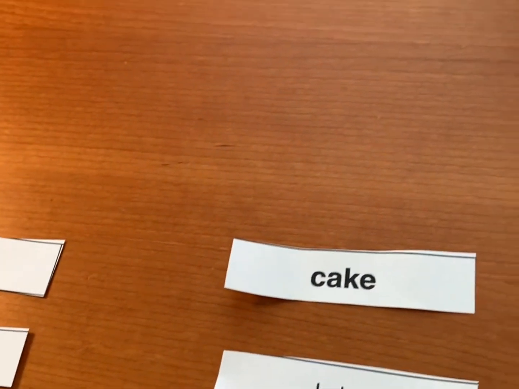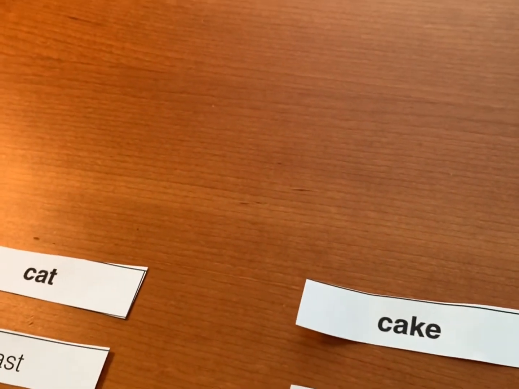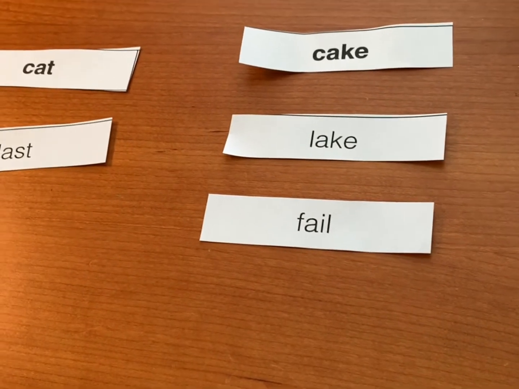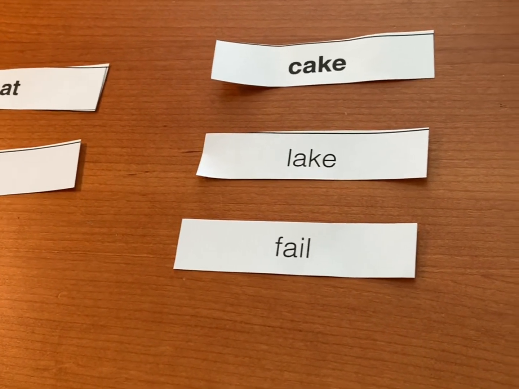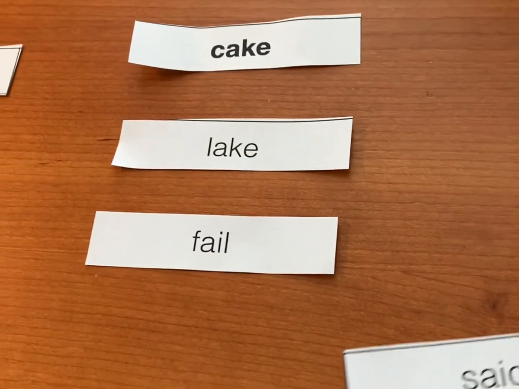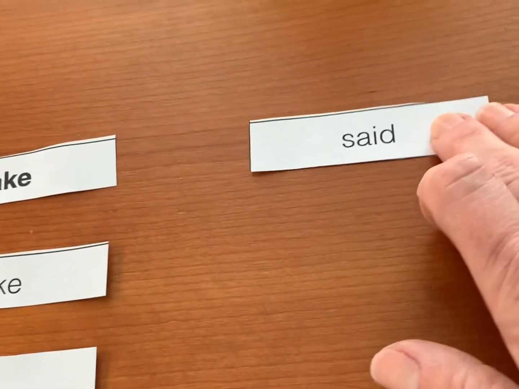Fail, I hear a long A, as in cake. And I have said here. Said looks like it should say a long A, but it doesn't. It says sed, which is a different sound. So I'm going to put that in the oddball pile.